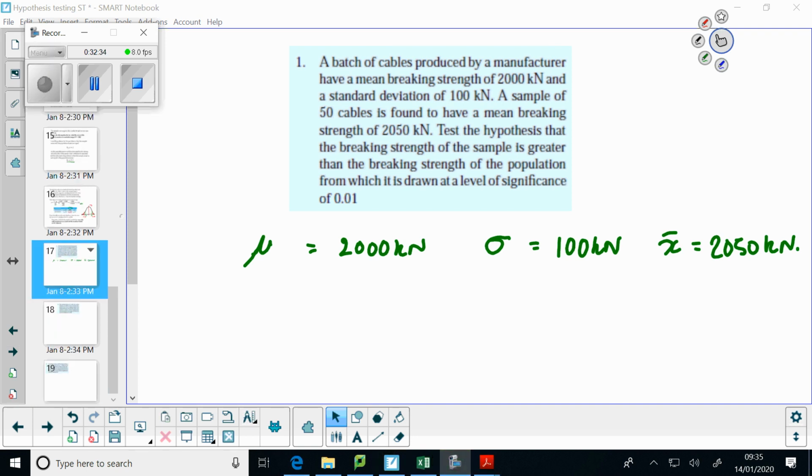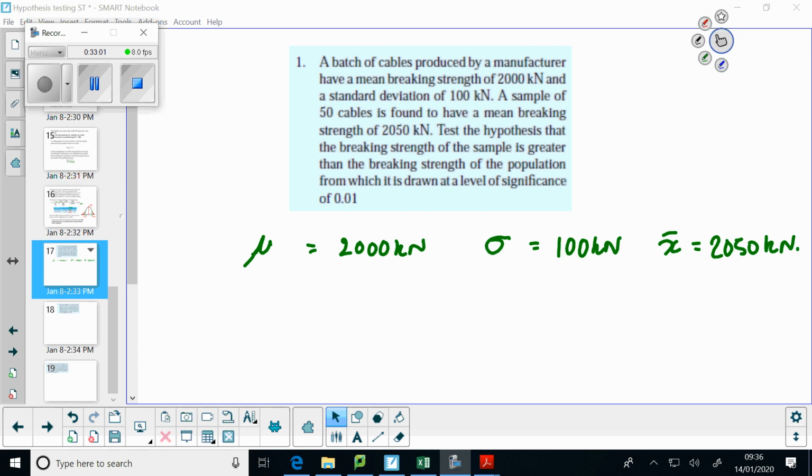So, this first problem says a batch of cables produced by a manufacturer has a mean breaking strength of 2,000 kilonewtons. So that's your population mean, mu. That's what you would expect the mean to be if all is well. A sample of 50 cables is found to have a mean breaking strength of 2,050 kilonewtons.